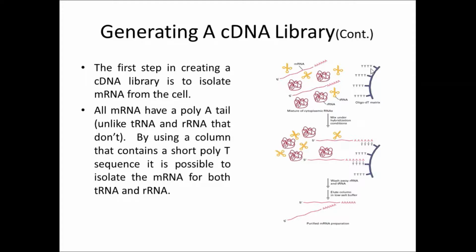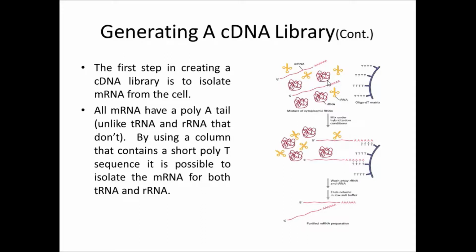The polythymine oligonucleotide primers are attached to the stationary phase. The entire process is called affinity chromatography. And finally, we add the cell-free extract to the chromatographic column. It contains tRNA, mRNA, and rRNA.